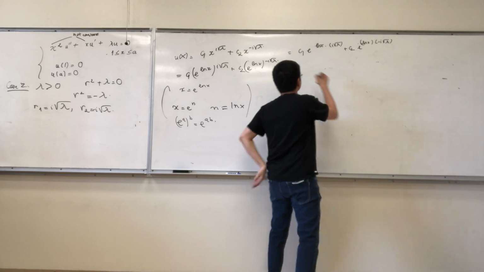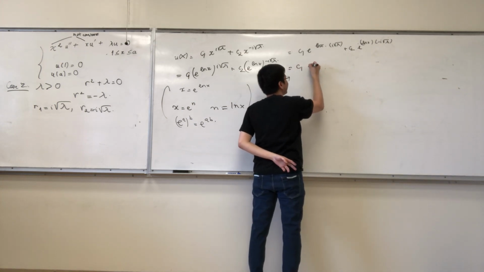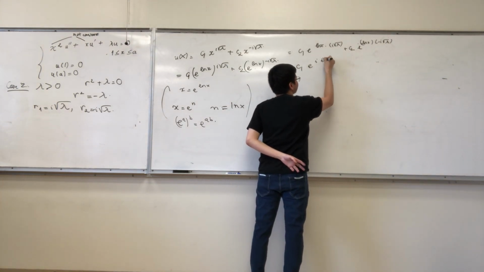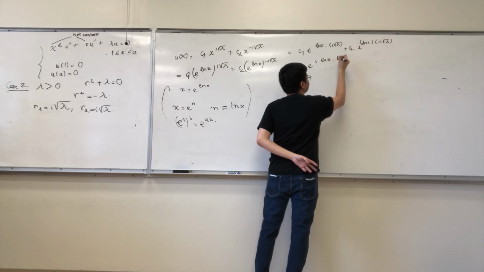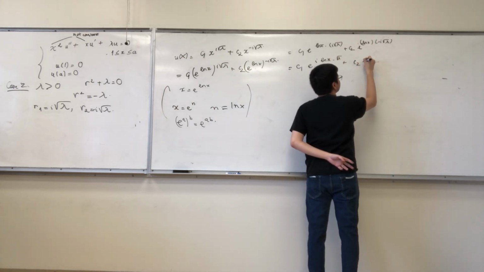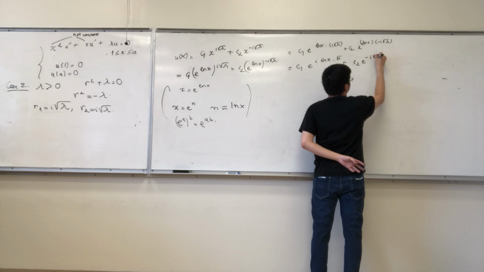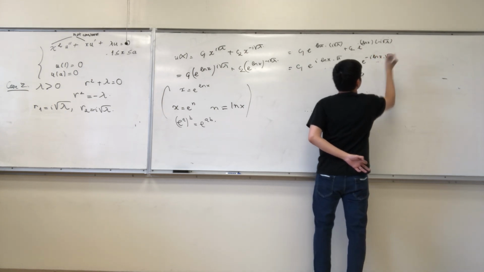Now I'm going to pull i out to the outside. You have c1 e to the i log x times square root of lambda plus c2 e to the power minus i log x times square root of lambda.